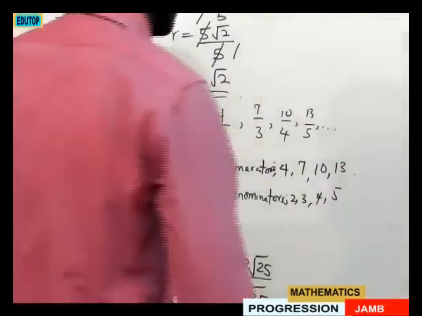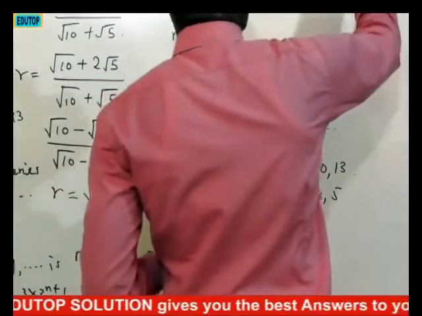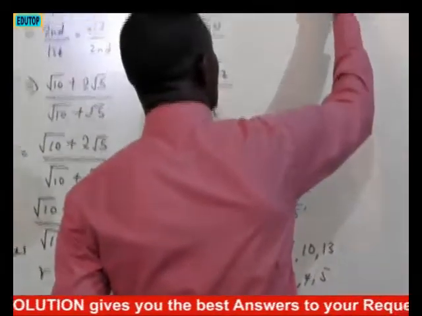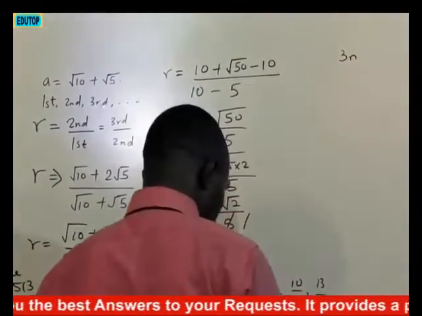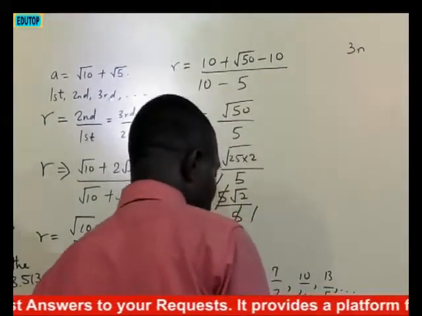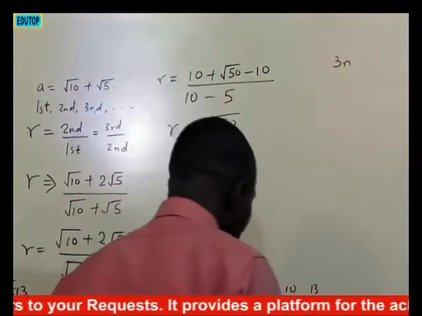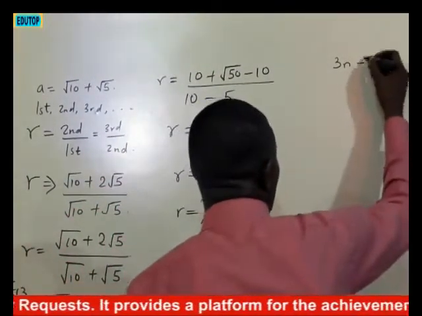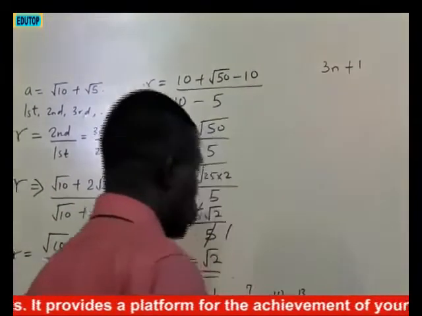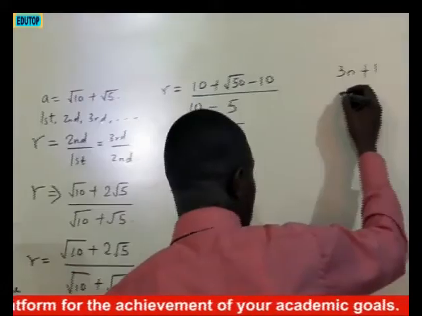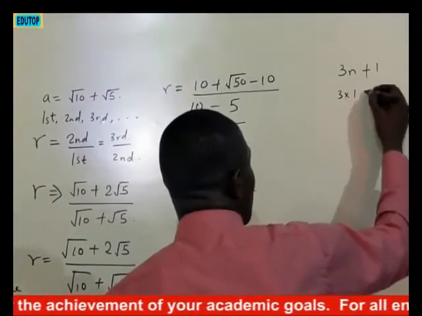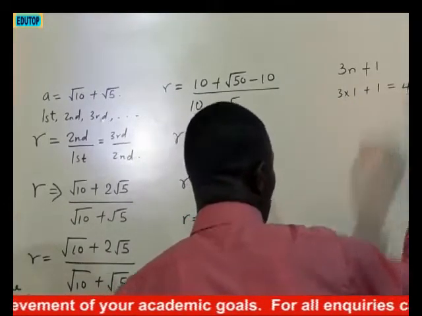So what it simply means is that if I decide to say 3n, for example, where my n is equal to 1, so 3n plus 1. So what am I trying to say? If I say 3 times 1 plus 1, that gives me 4.